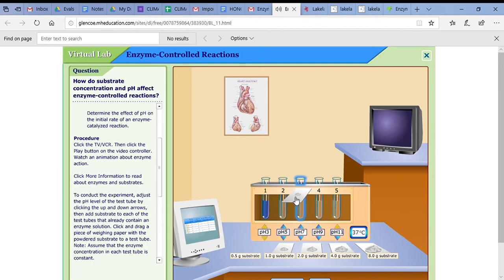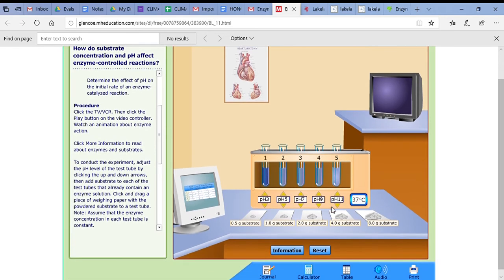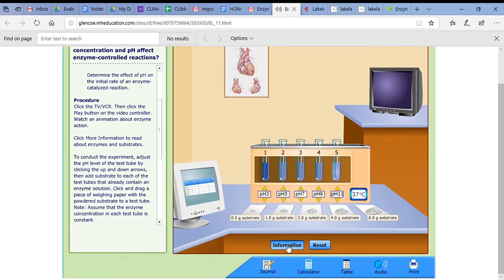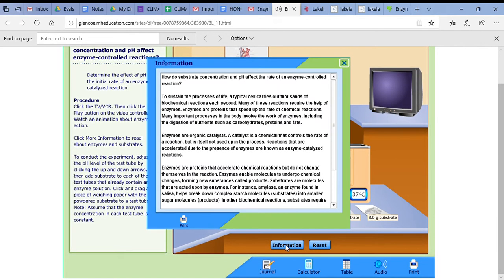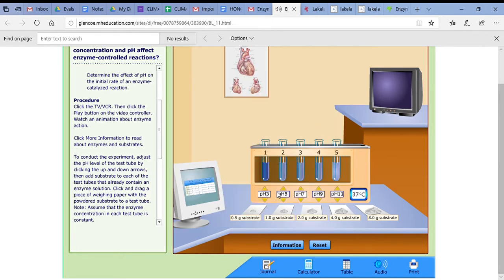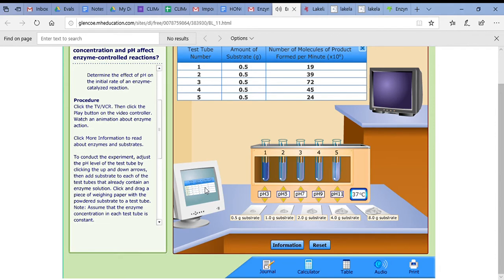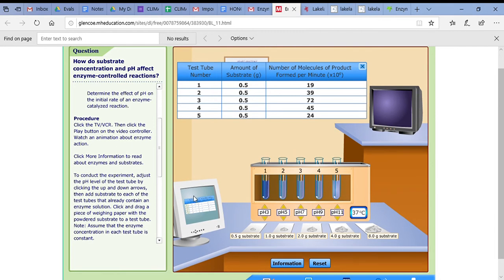Okay, I'm going to add half a gram to each one of these. You can only change one variable at a time in an experiment. So since I'm changing the pH for this first little test, I'm not going to change the amount of substrate. So then I can click on this and get the results.